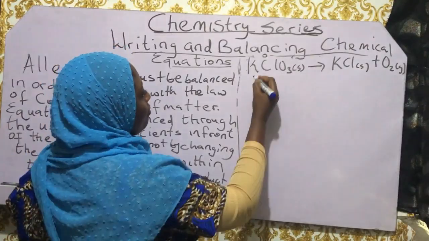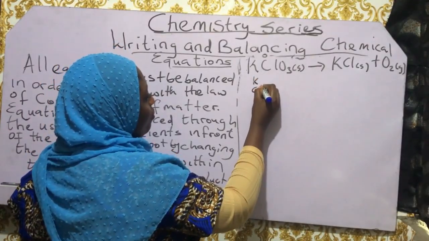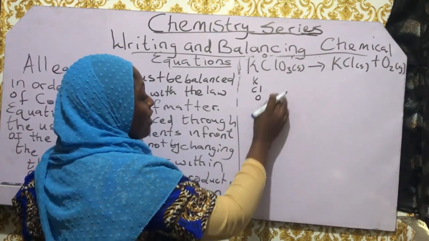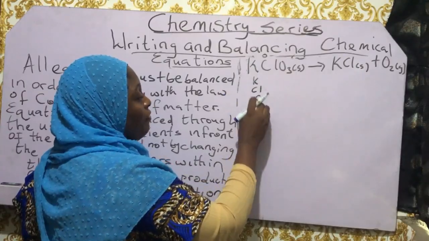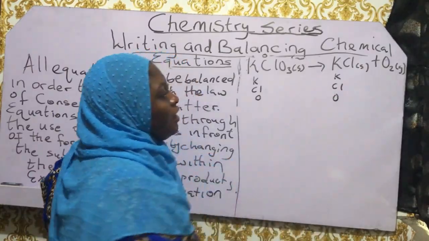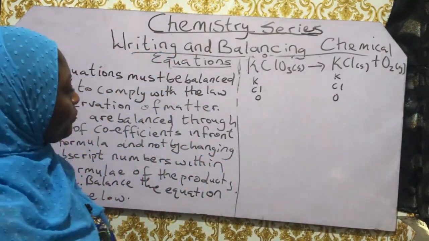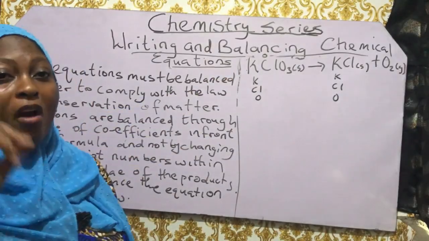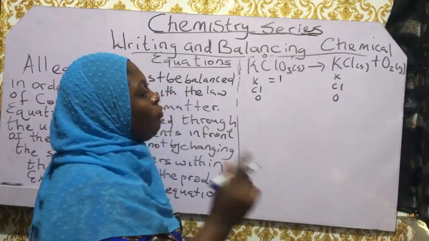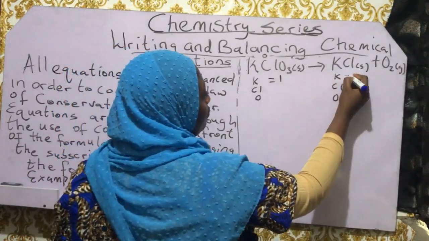So we have potassium, chlorine, and oxygen as elements in the reactants. We have potassium, chlorine, and oxygen as elements in the products. In the reactant, we have 1 atom of potassium. In the product, we also have 1 atom of potassium.